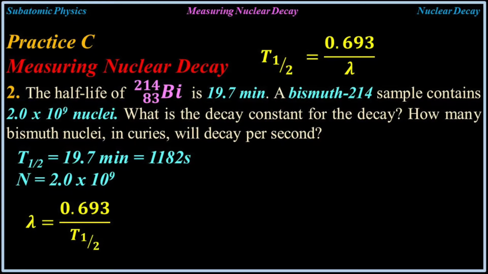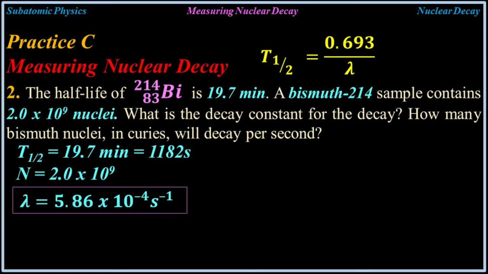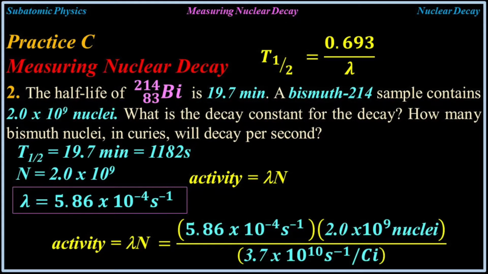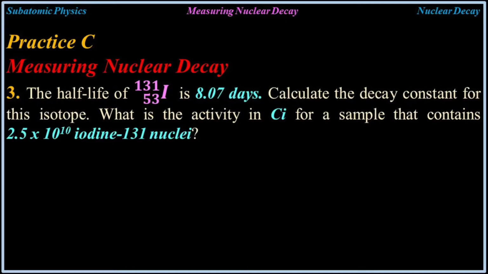And there is the equation rearranged. So let's plug in. There is the number of seconds, and there is lambda. Now, there's lambda. Now we want to find the activity, which is lambda n. So we have n and we have lambda. We'll plug in, including the conversion factor, and we will find 3.2 times 10 to the negative fifth curies.